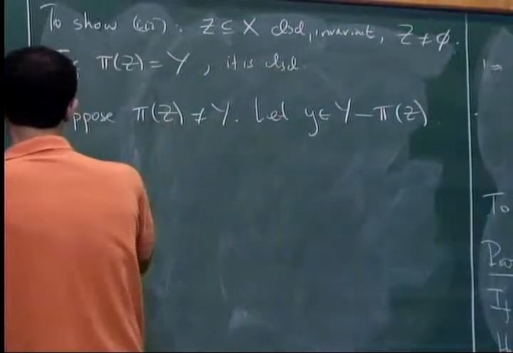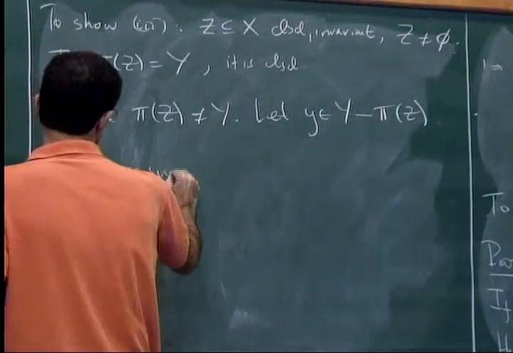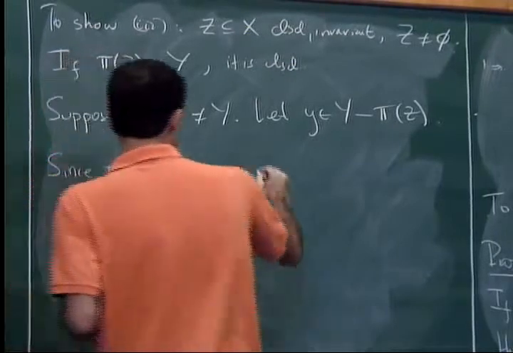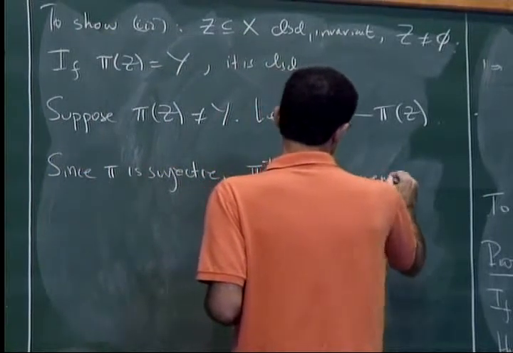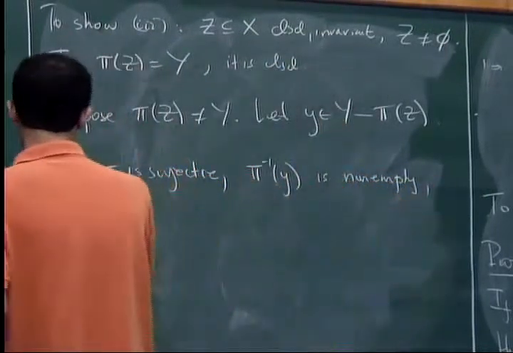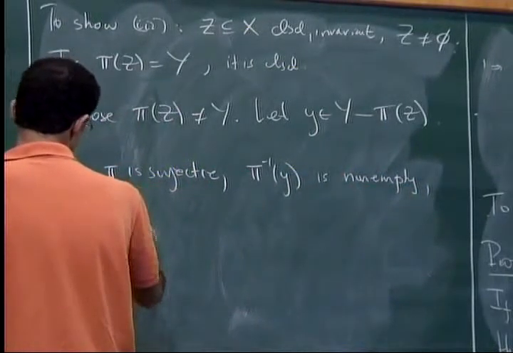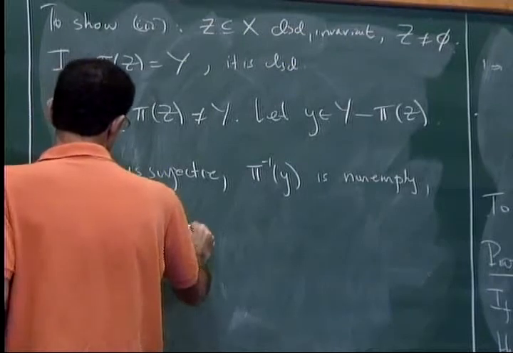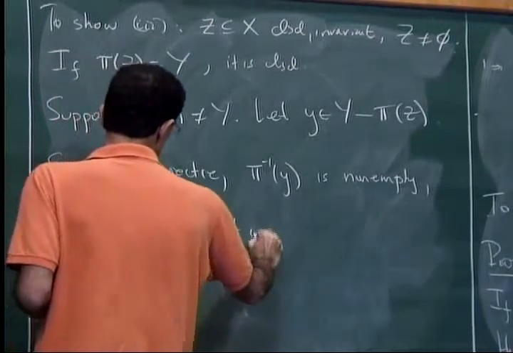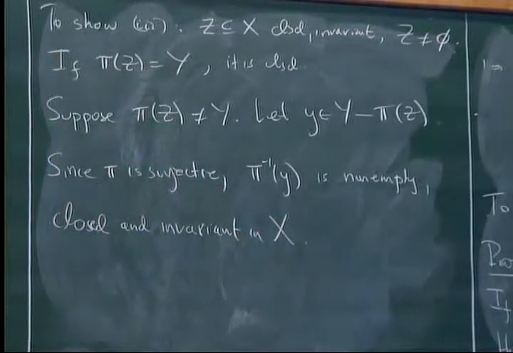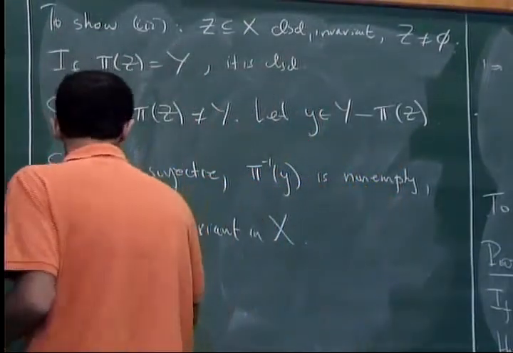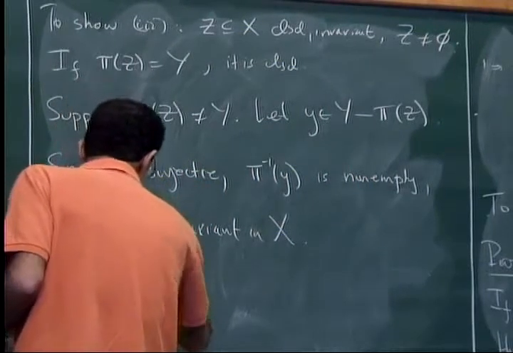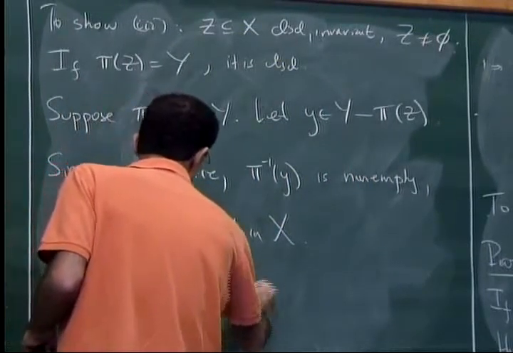Now, since pi is surjective, we have that the inverse image is non-empty. It's, of course, closed and invariant in X. Right? Invariant because the map collapses orbits. And of course, the inverse image is outside Z. So we have the case where this intersection is empty.